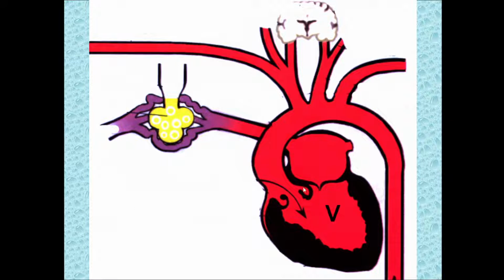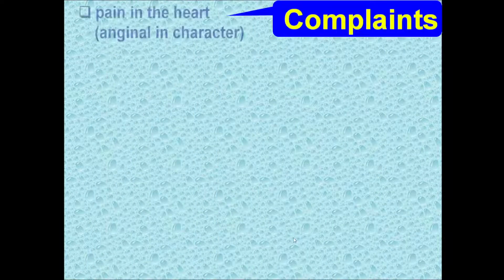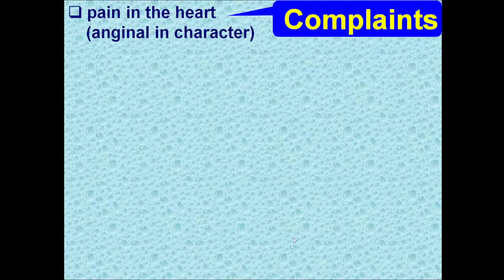Later, with decompensation of the left ventricle. Complaints of the patient. Again, first problem with the cardiovascular and central nervous system. The patient feels pain in the heart as angina pectoris.